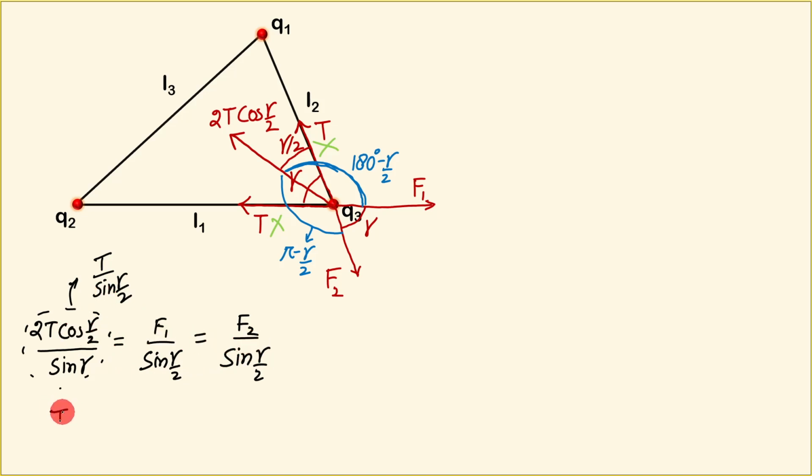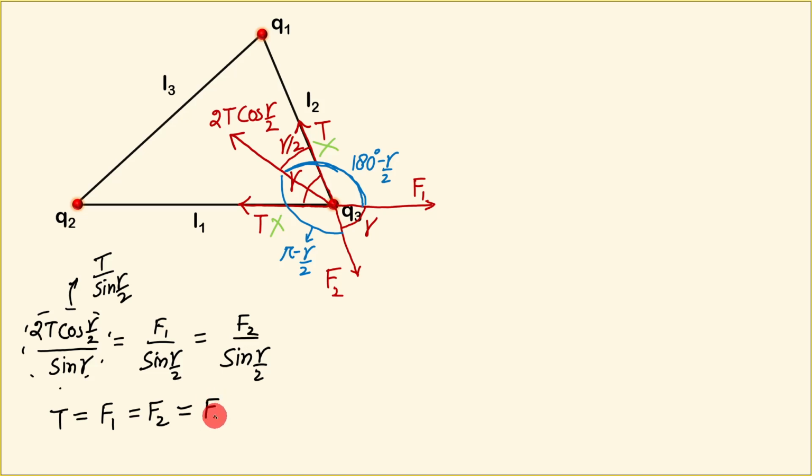So we can write T equal to F1 equal to F2. If you do the same on any other charge Q2, you'll get another equation which tells you that T will be equal to F3 also.